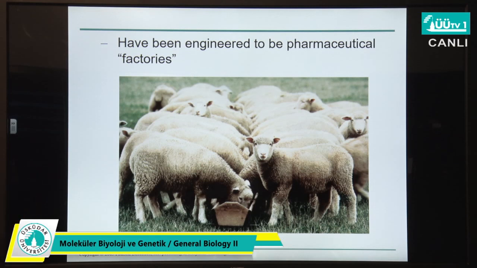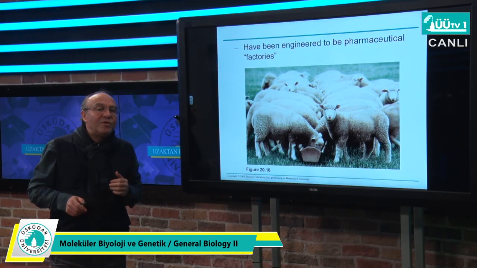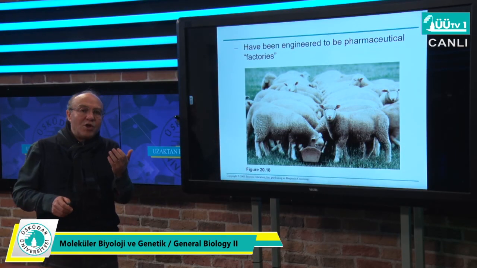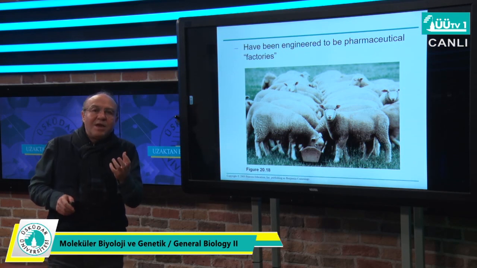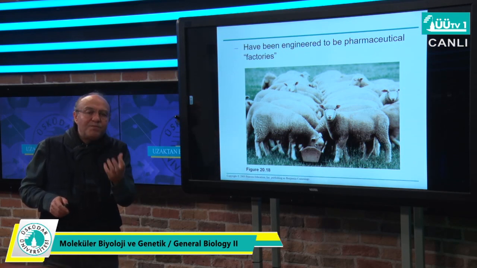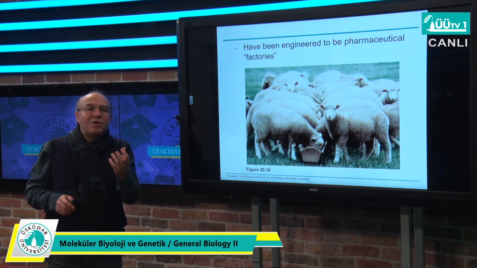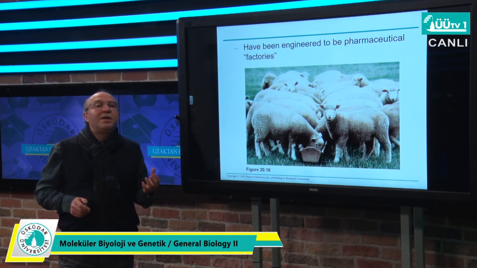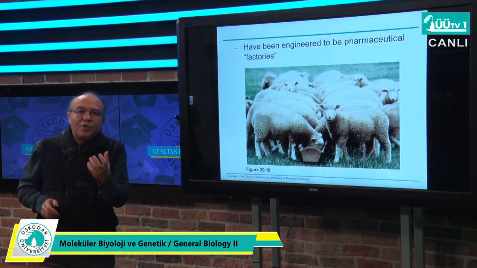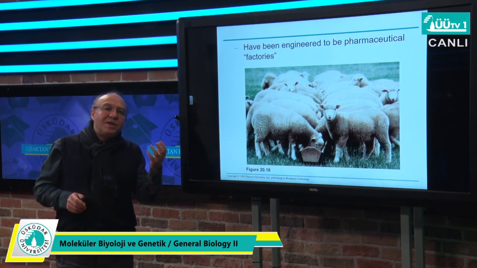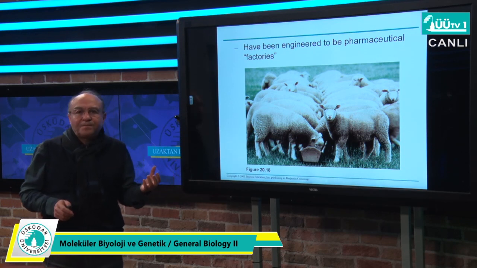If you look here, these sheep are pharmaceutical factories. I think I told you before, Dolly was a cloned sheep, and it wasn't the main project. The main project in producing Dolly was to produce interferon in the sheep milk.